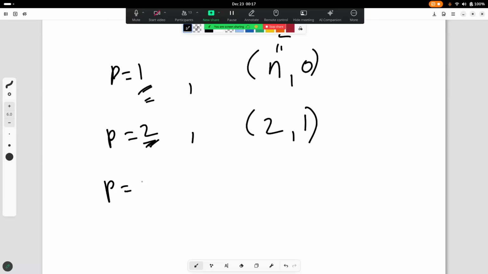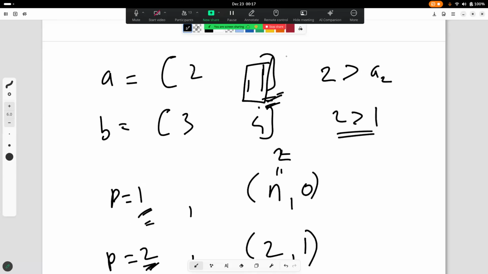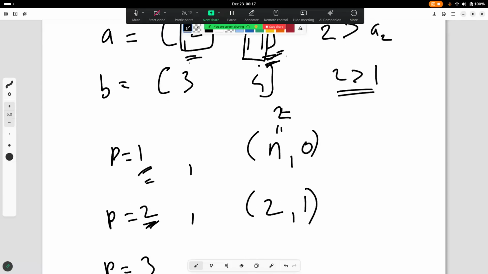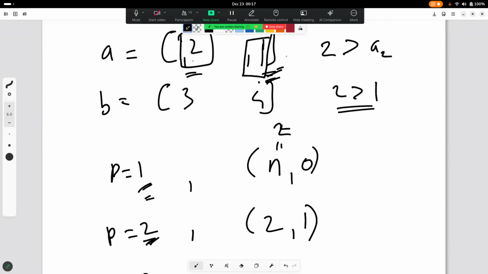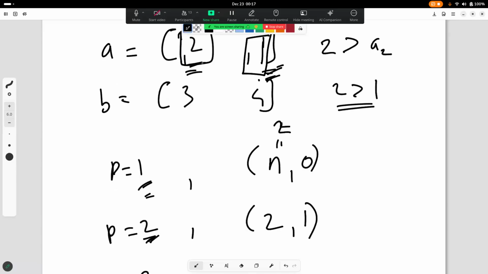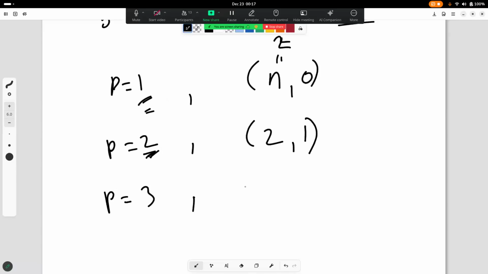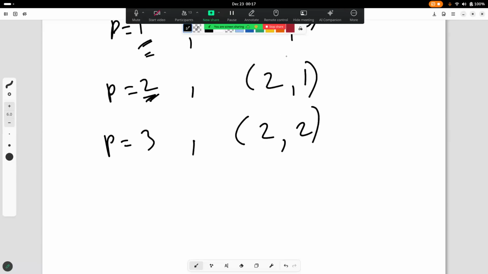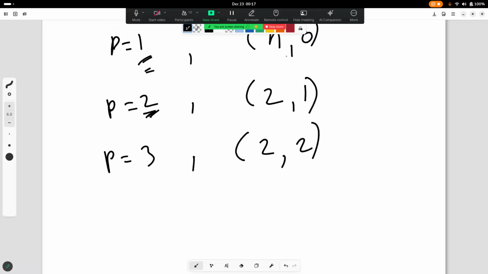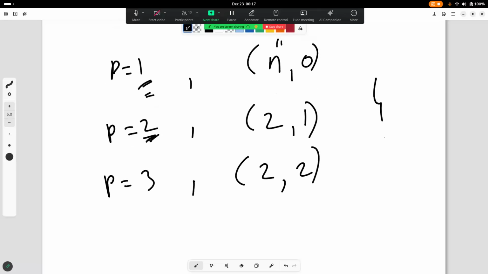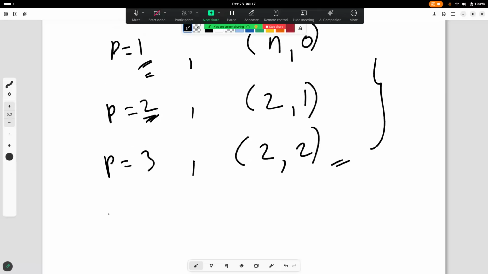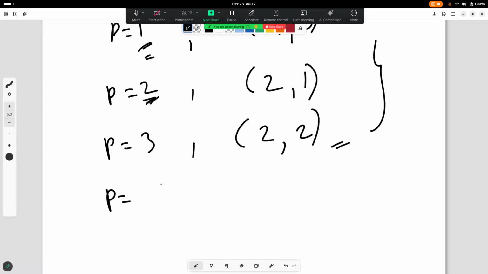What happens when you make P equal to 3? This customer is still going to buy your trees, but up to 2 he was buying with a positive review, and now he's going to buy with a negative review. So you basically have 2, 2. For now, forget about all the constraints; we are just seeing what different possible values this pair can have.